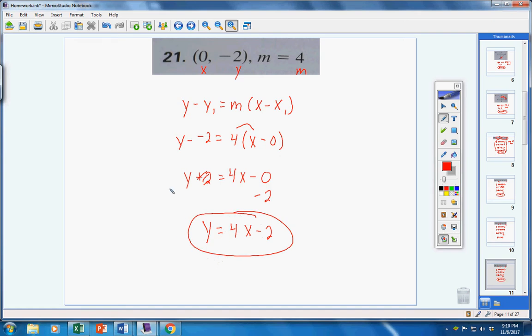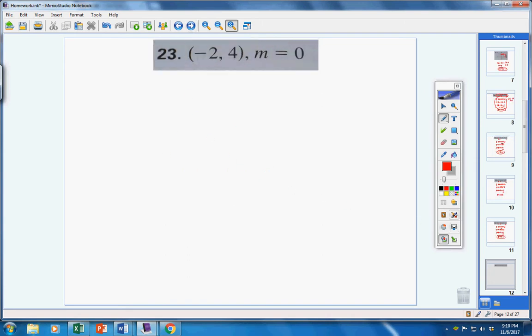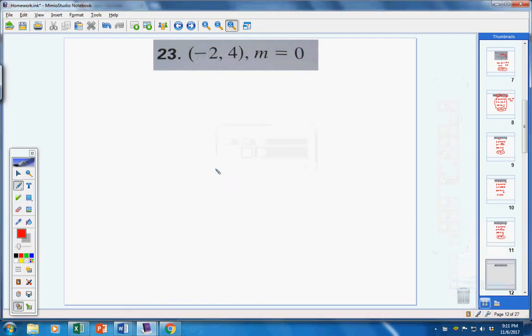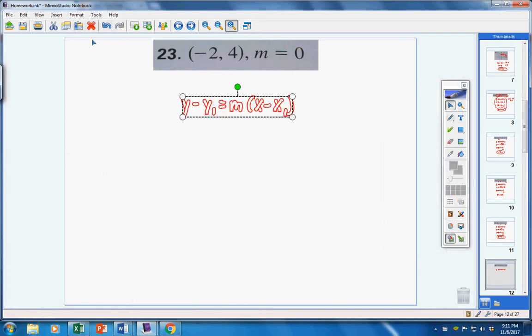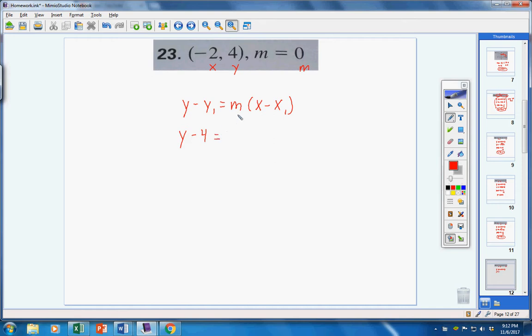Let's continue on now to number 23. Okay, students, we are given a point and a slope. So, let's use our formula here. This is my x, this is my y, this is my m. y minus 4 equals m, which is 0, times x minus negative 2.